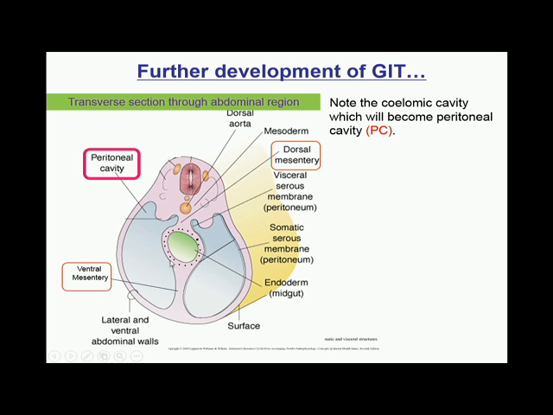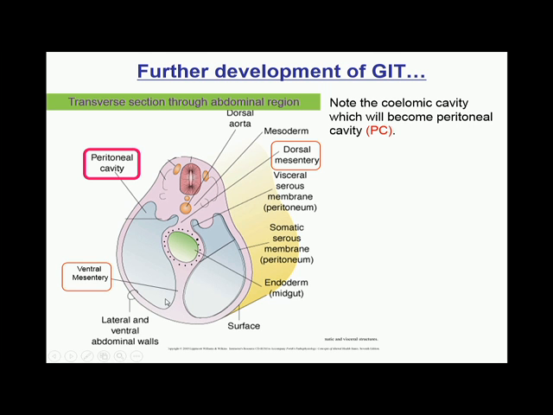This part of the splanchnic mesoderm which connects the GIT to the posterior abdominal wall is your dorsal mesentery. So during development we call it the dorsal mesentery. It helps attach this floating GIT to the anterior and posterior abdominal wall. So the dorsal and ventral mesenteries are developed from splanchnic mesoderm.